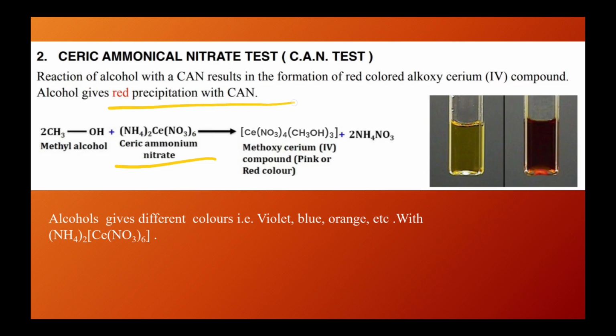Alcohol gives a red precipitate with CAN, and different alcohols also give different colors, such as violet, blue and orange, with ceric ammonium nitrate. Sometimes tertiary alcohols mainly give this CAN test compared to primary and secondary alcohols. Tertiary alcohols give the perfect CAN test.